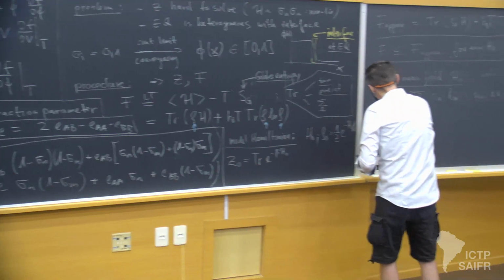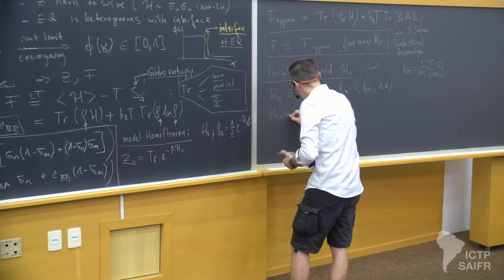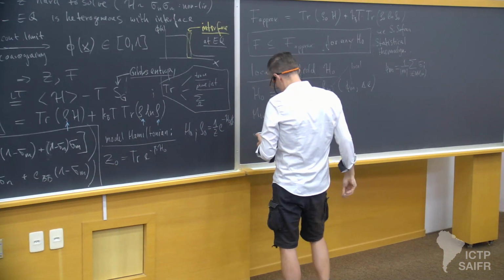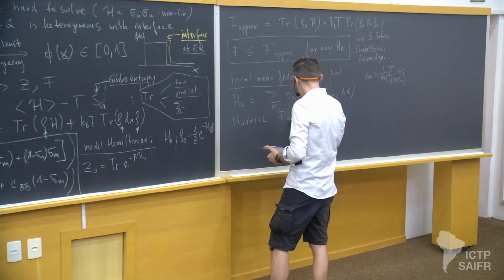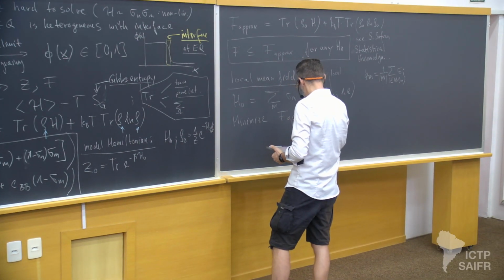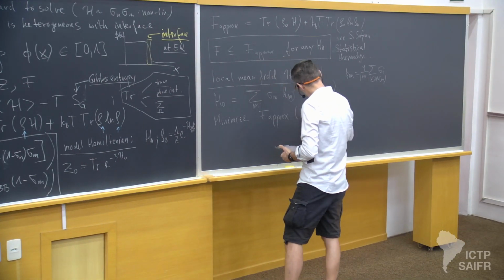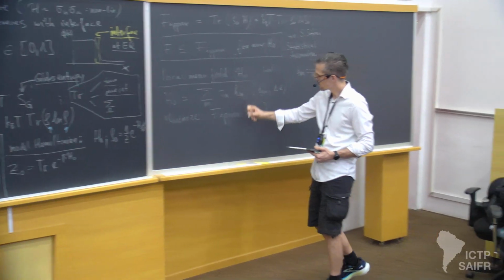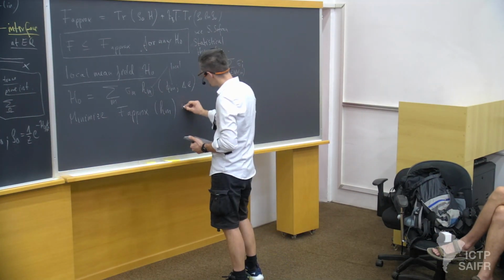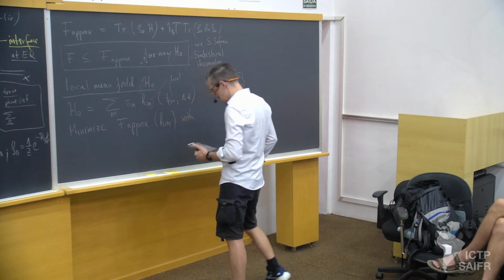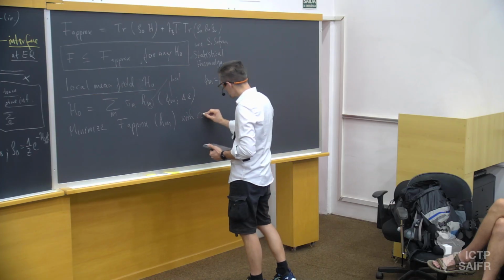So where we can now minimize f approx and vary this local mean field. Yeah? But of course, as in all statistical mechanics minimizations, we have constraints. Yeah?